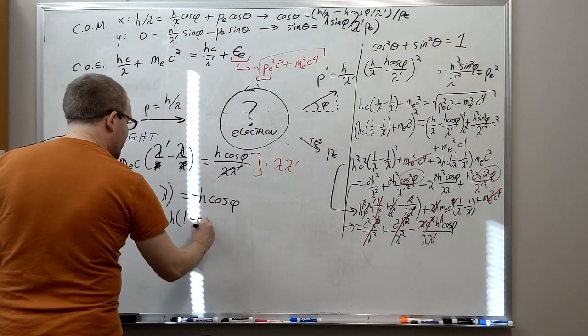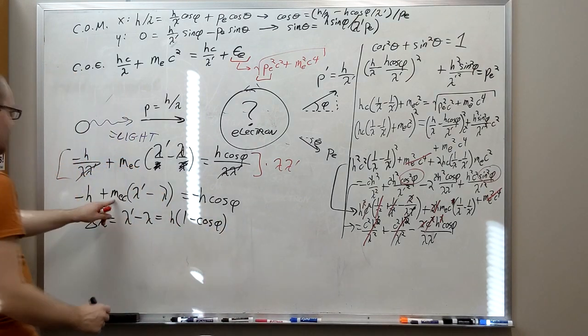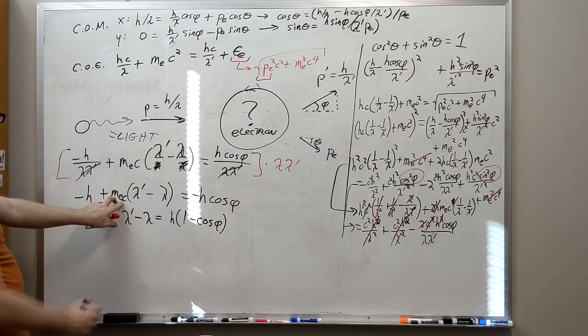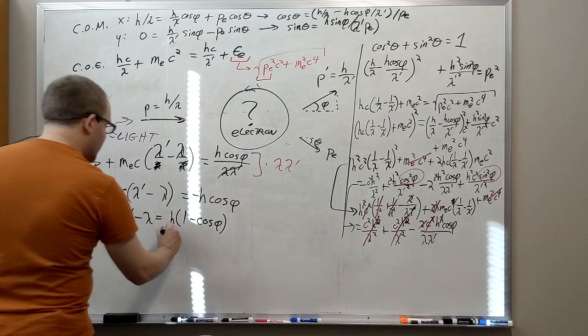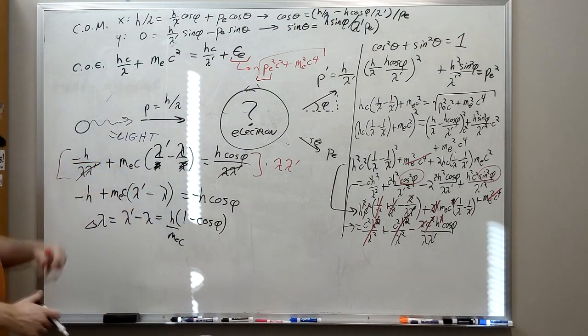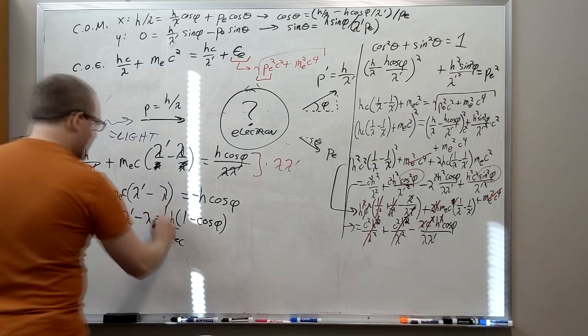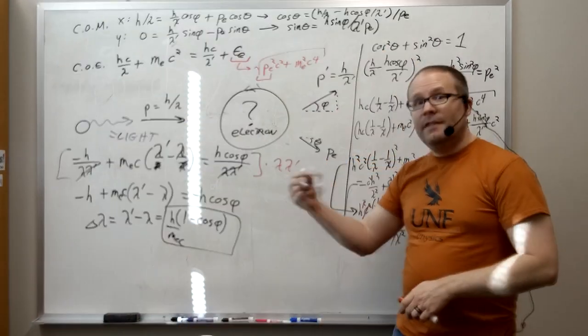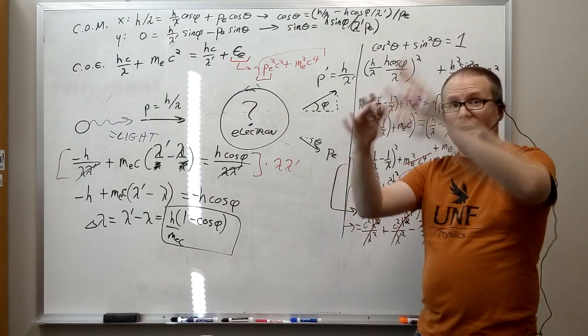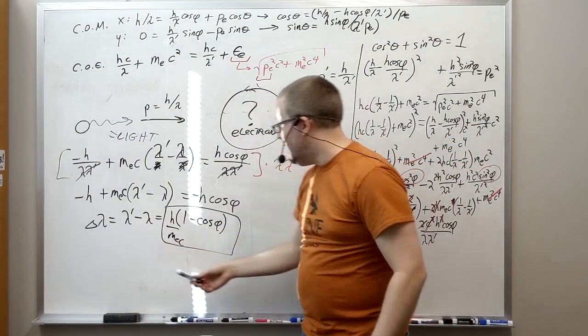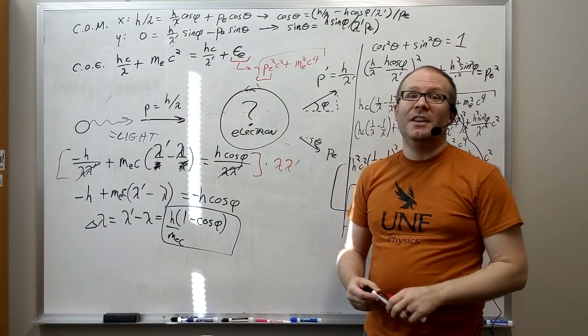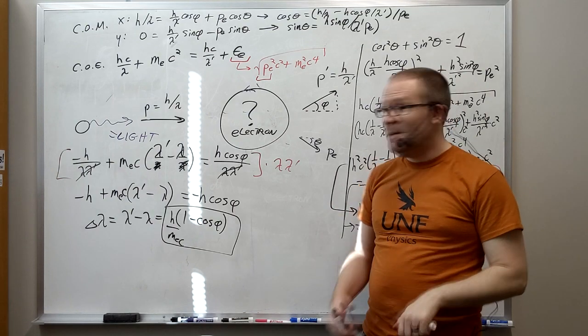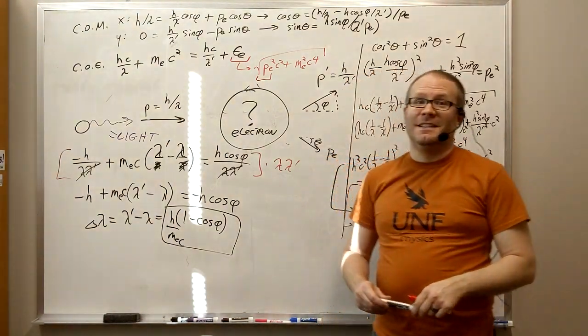That's going to be a 1 minus cosine phi times this, take this m_e c and put it in the denominator. This is what you would expect to get if light is behaving like a particle instead of a wave. Instead of getting a constant wavelength out everywhere, you expect the wavelength to change based on the angle that you look at. And that's actually what we see in experiment. So that's how we confirm that light is a particle.